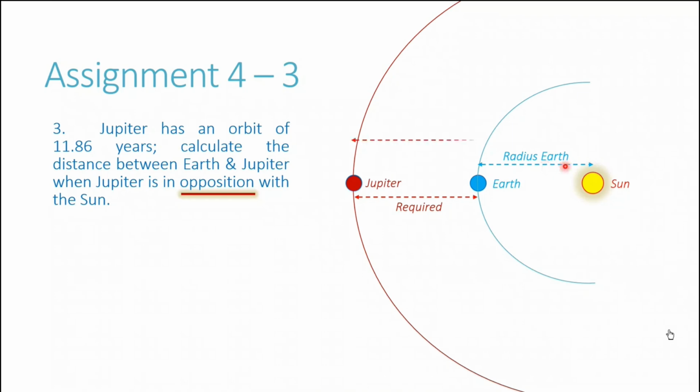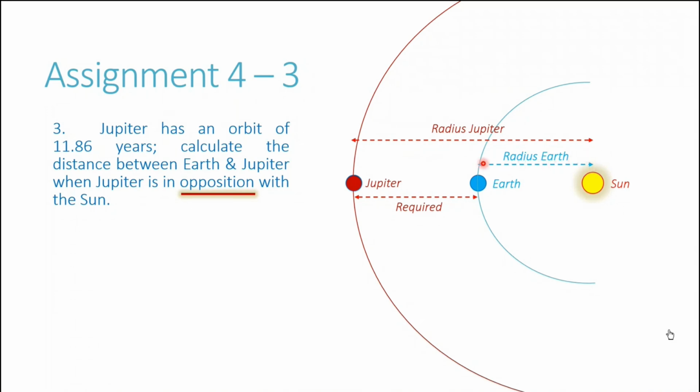And if we measure the distance between the center of Jupiter to the center of the Sun, which is represented by the red color line in the diagram, which I am highlighting with the laser pointer, is the radius of Jupiter. Now you can clearly see the distance which is required by us is equal to the radius of Jupiter minus the radius of Earth.